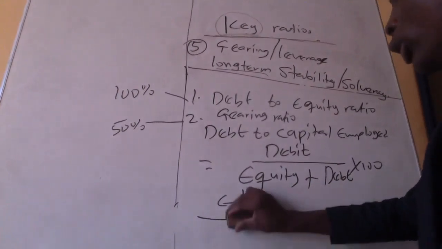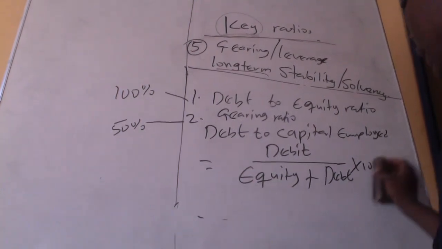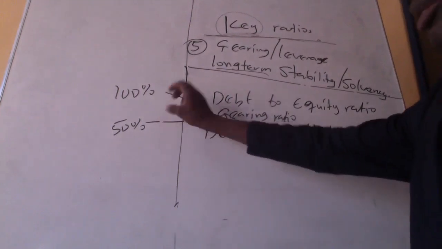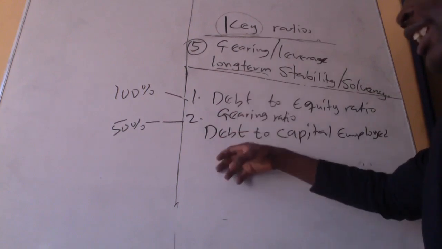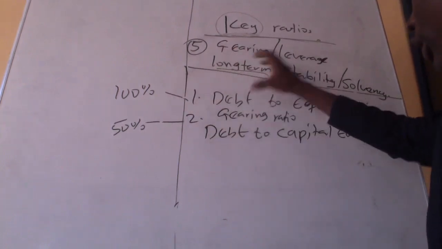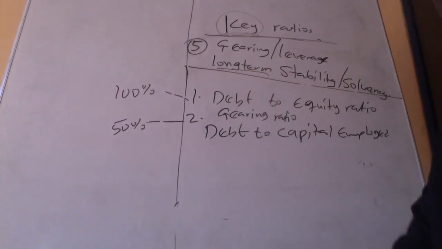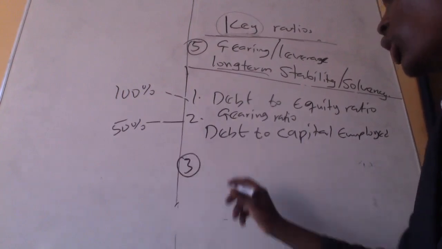So take notes for me. Basically, these two talk about the same thing. They just measure the gearing level, how risky the organization is. So this is the gearing, the leverage session. Then I'll go to the stability session. So take note, the stability session. Now for the stability session, we are going to use interest cover.